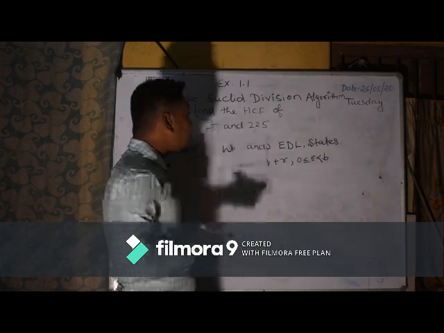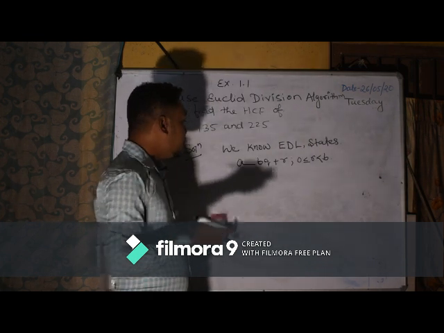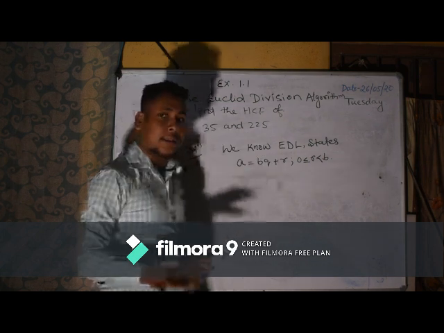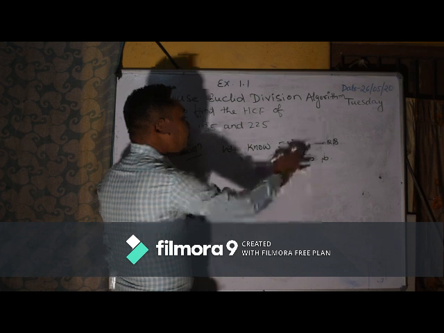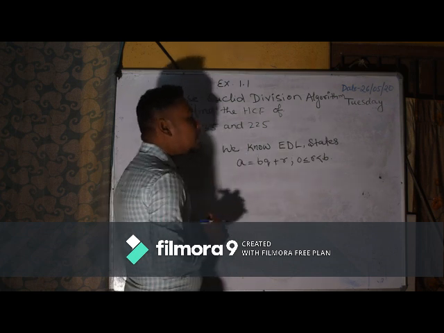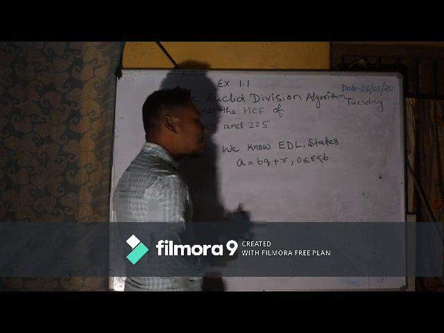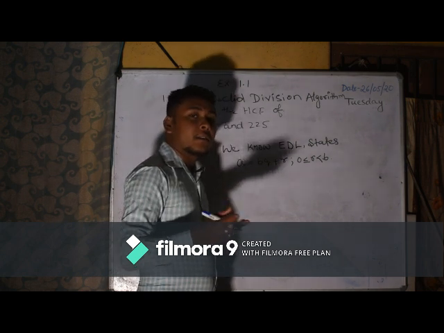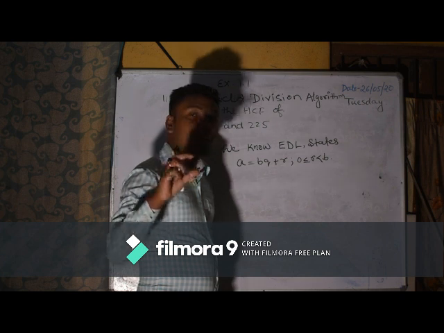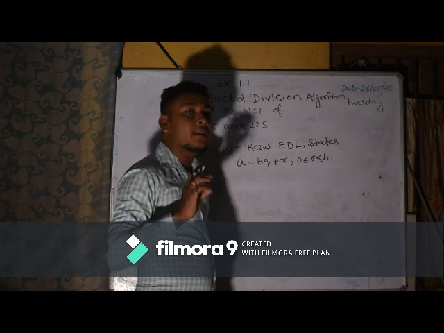In this third edition of the video, we will be discussing exercise 1 completely. We know that EDL states a equals bq plus r, where 0 is less than or equal to r, less than b. I am using the complete technique. If you understand the first part, you will easily understand the rest.